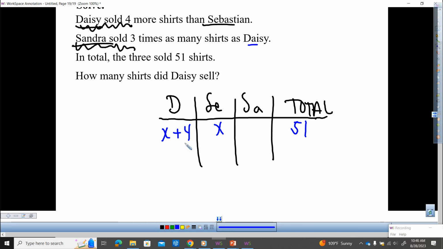Daisy. So what is Daisy? X plus 4, right? But X plus 4, and then we multiply that times what? Times 3. That is correct. And at the end, the total is by putting plus signs here, here, and equal sign right there, and then solving the equation. All right?